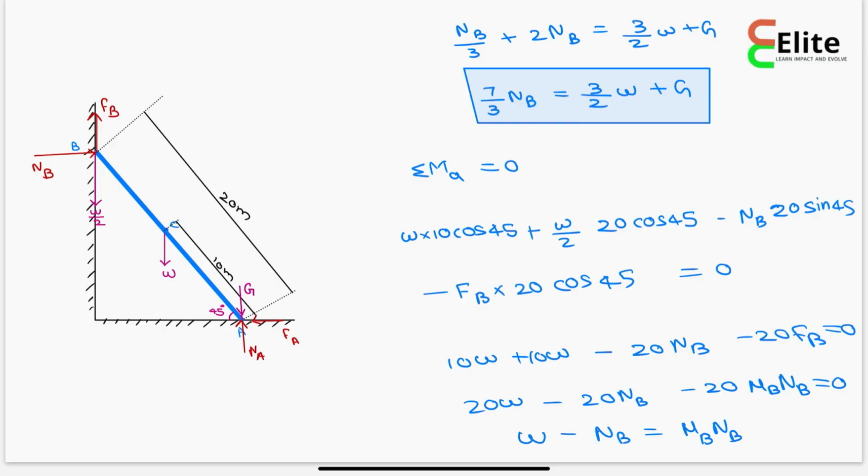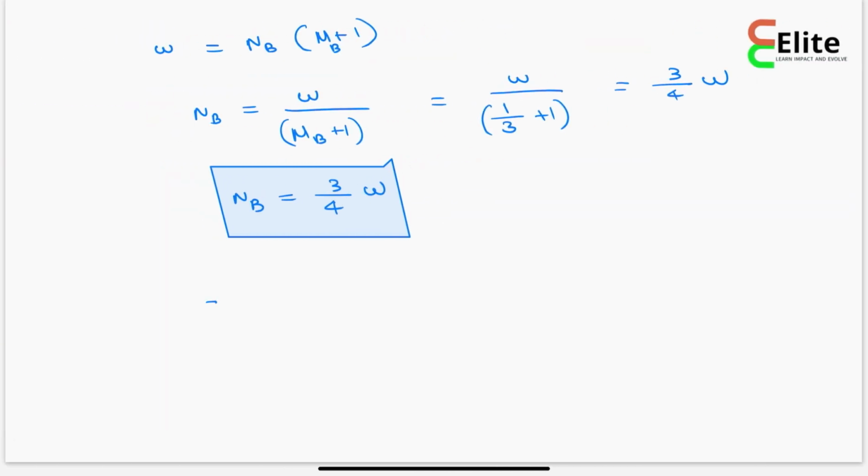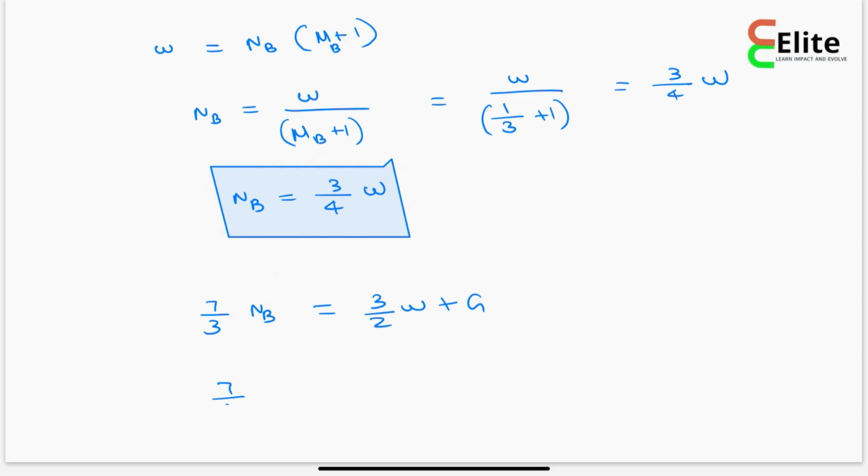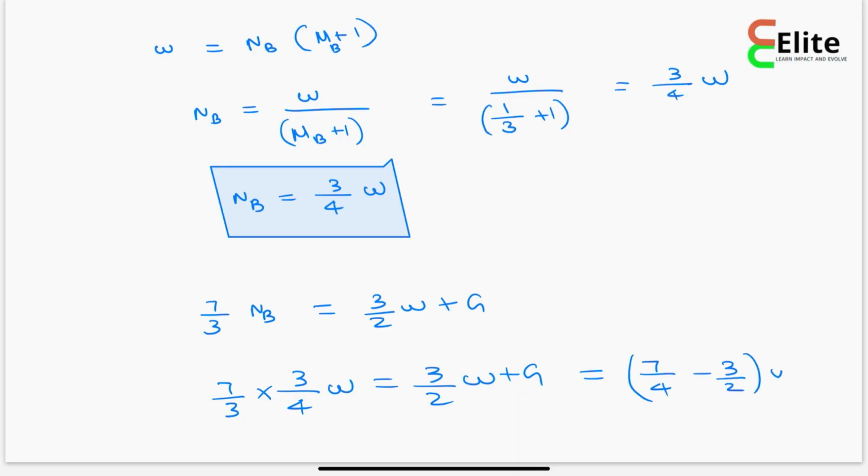So let's write it. 7 by 3 NB is equal to 3 by 2 W plus G. So we got NB as this, so let's substitute it. 7 by 3 into 3 by 4 W is equal to 3 by 2 W plus G. So on simplification we will get 7 by 4 minus 3 by 2 W is equal to G. So it is equal to 1 by 4 W is equal to G. So we got G is equal to 0.25 W.